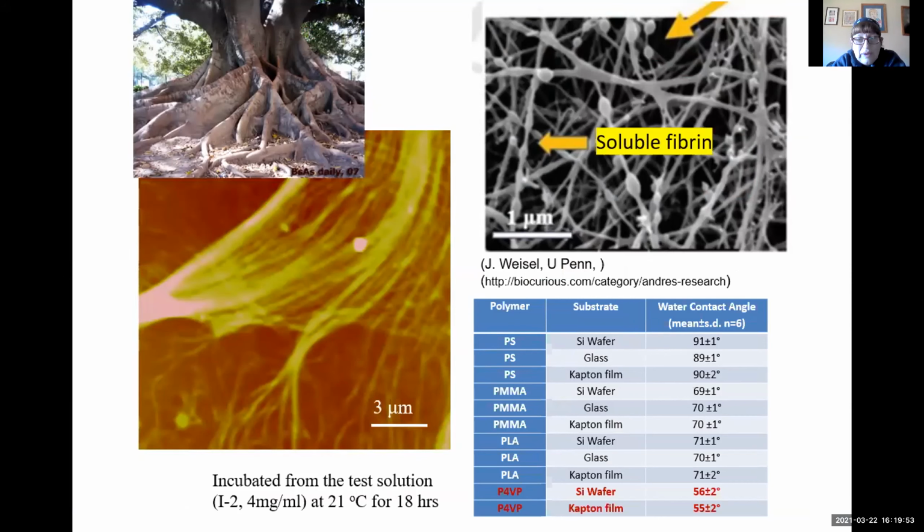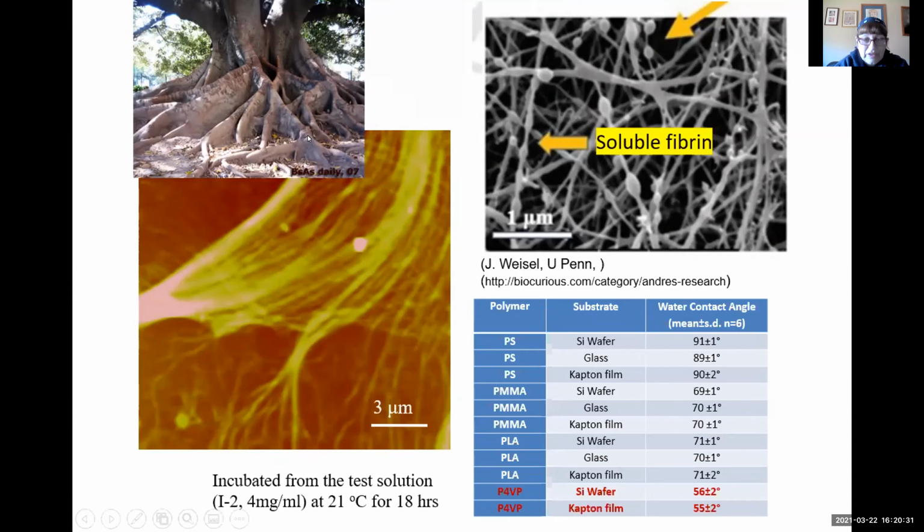The soluble fibrin has fibrin on the outside, 3 alpha C domains, and they are easily recruited on hydrophobic surfaces, which you see over here, where a hydrophobic surface is defined as any surface, polymer, any surface that has a contact angle which is greater than 60 degrees. Surfaces such as P4VP, silicon wafer, surfaces that have been made hydrophilic by UV ozone plasma, for example, where the contact angle is below 60 degrees, do not form spontaneously these massive fibrinogen fibers.